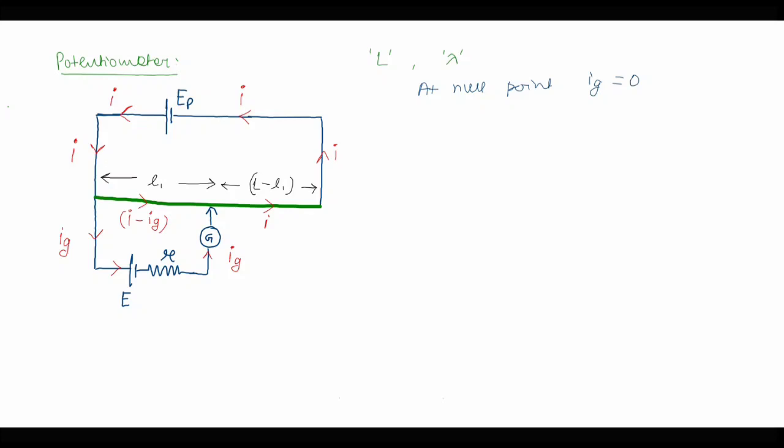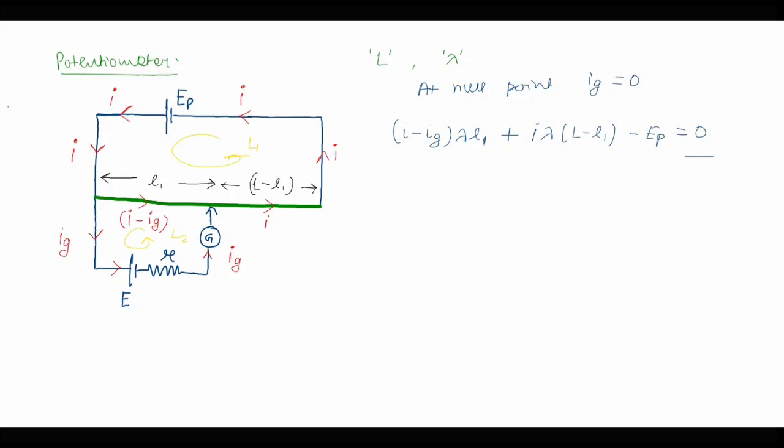First of all, we are applying the loop rule in the two loops over here. In loop 1 we will apply one loop rule, and in loop 2 we will apply another loop rule. So in loop 1, a current I minus Ig is flowing through lambda L1, so (I minus Ig)R, plus a current I is flowing through lambda (capital L minus L1), minus EP is equal to 0.